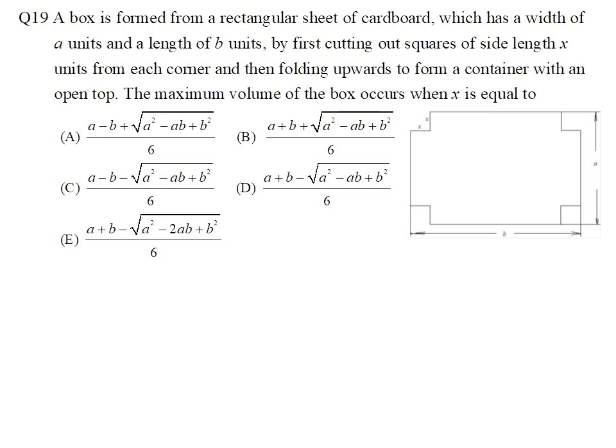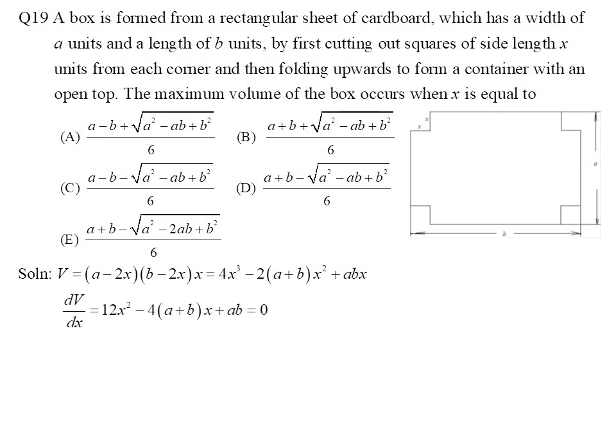According to the given criteria, the volume of the box can be expressed as (a minus 2x) times (b minus 2x) times x, which is expanded and simplified to 4x cubed minus 2 times (a plus b) times x squared plus abx.